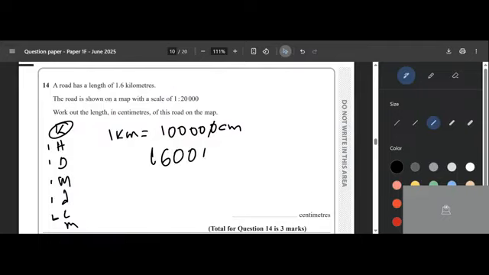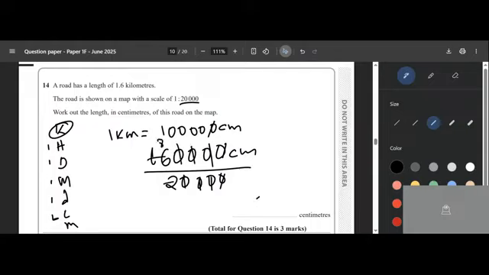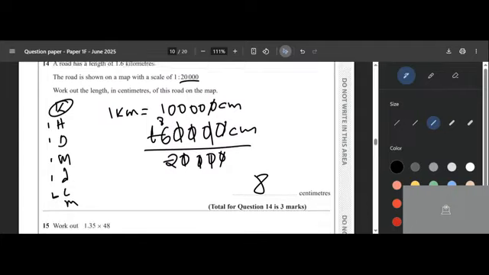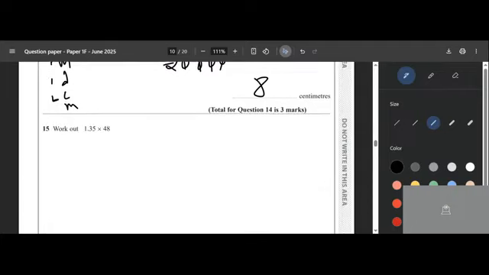Then 1, 2, 3, 4. So this is in centimeters. Now we divide it by 20,000. 1, 2, this cancels. Then here we have 8. Therefore, this is just 8 centimeters of length on the road as represented in the map.